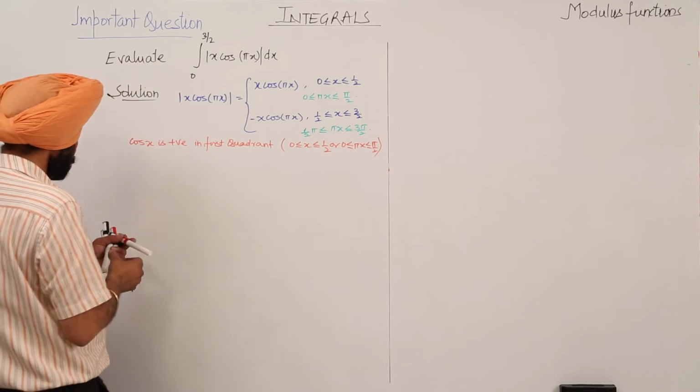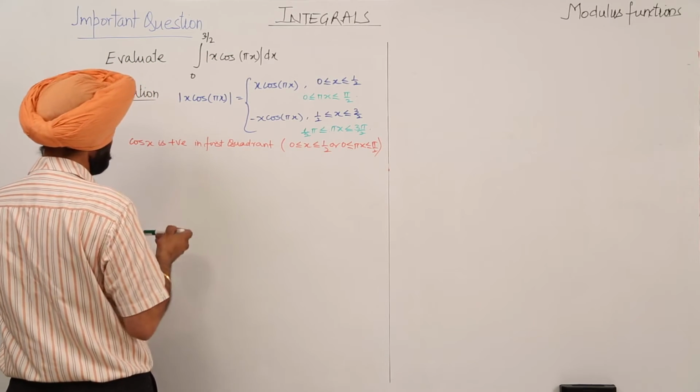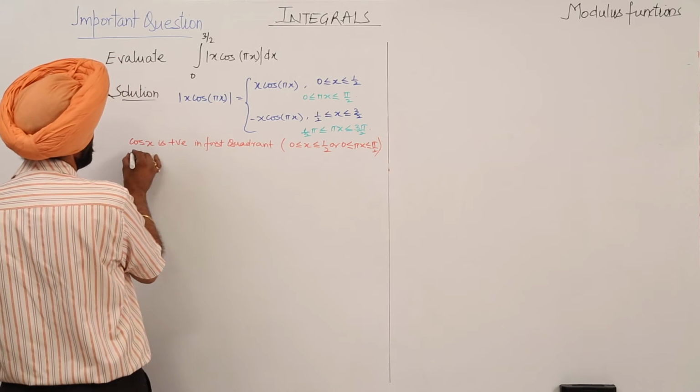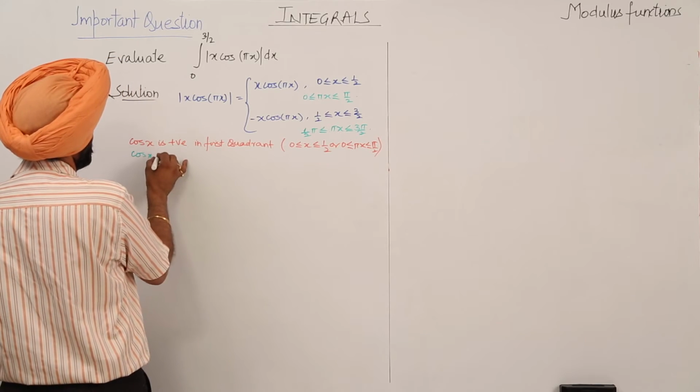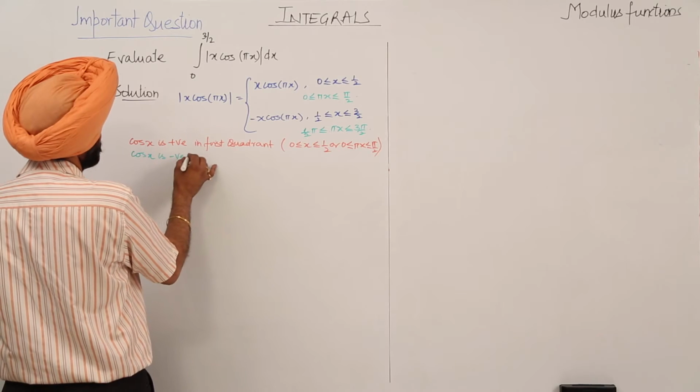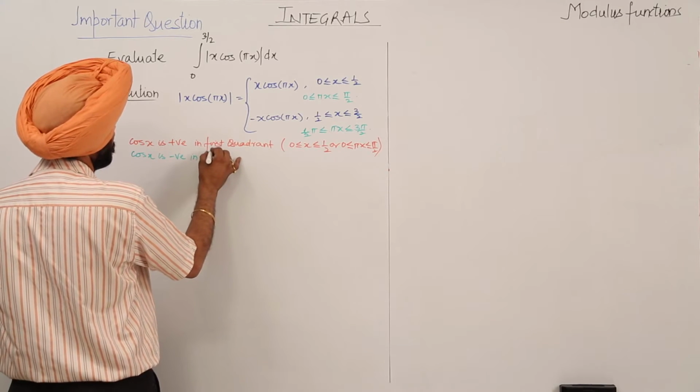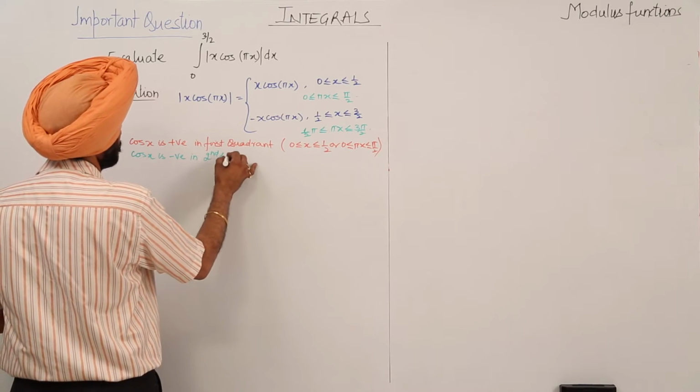Okay, and cos x is negative in the second and third quadrant.